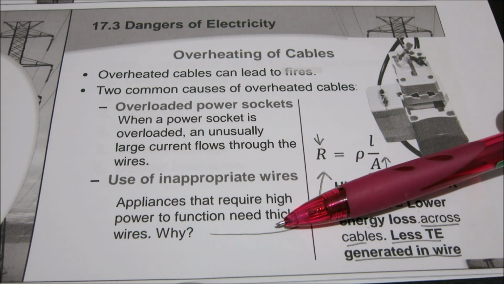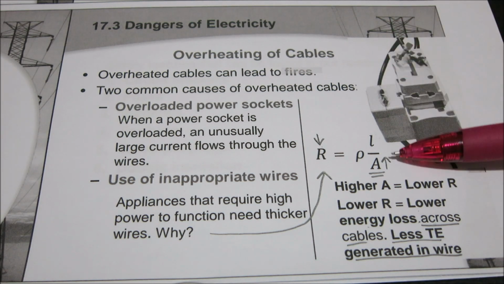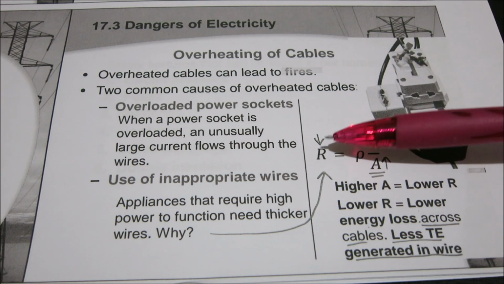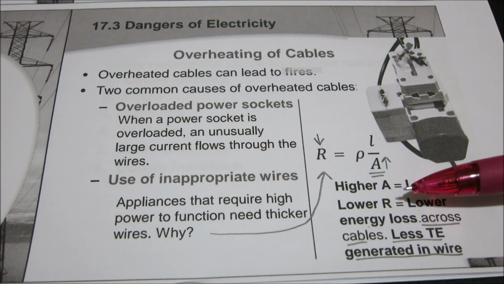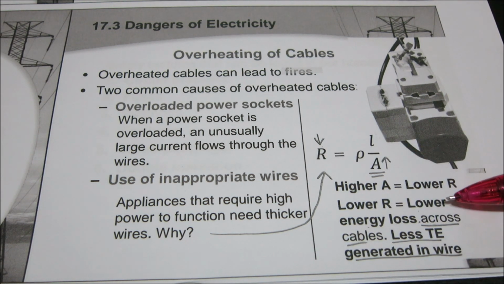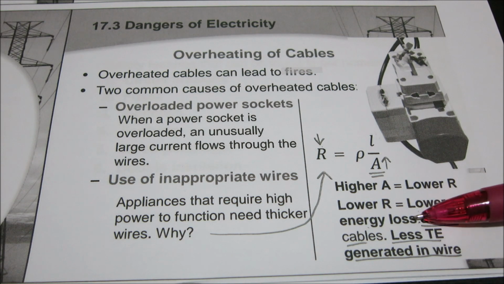Now, why is this so? Because in general, the thicker the wire, the lower the resistance of the wire. So when you have a lower resistance, in general, you have lower energy loss across the cable. So when you have lower energy loss, you have less thermal energy generated in the wire.